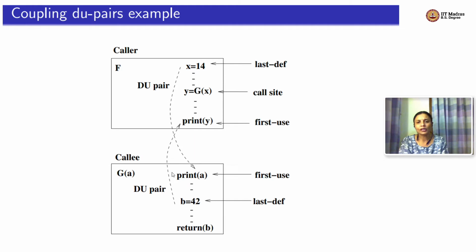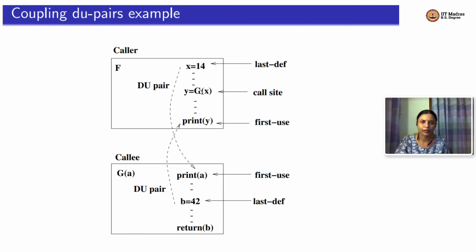So the last definition of B at 42 got first used here. Similarly, the last definition of x, which was 14, got first used after the call site at print A. We don't consider last def and first use to be the actual call site, but the statements that occurred before the call site and after the call site without any intervening definitions or uses in between.